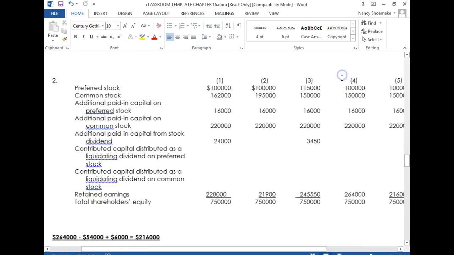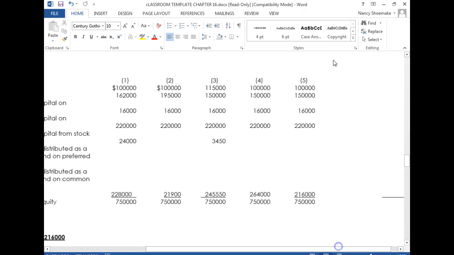Now, our last one, number 6. How are we going to change that one, guys? What was affected here? Was our preferred stock affected? No. Common? No. Additional paid in capital?